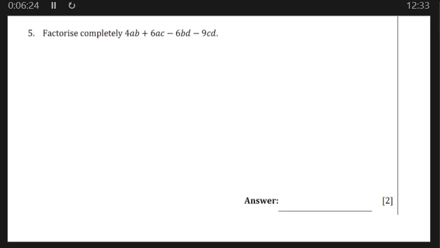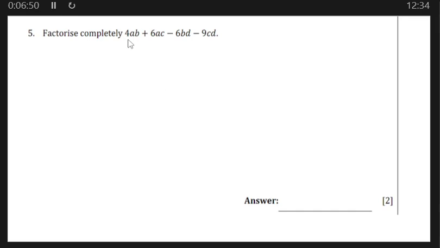Then let's go to question 5, which says factorize completely 4ab plus 6ac minus 6bd minus 9cd. Alright, so we'll group it. You factorize by grouping because we don't have a factor which can go into all of these terms without giving a remainder.